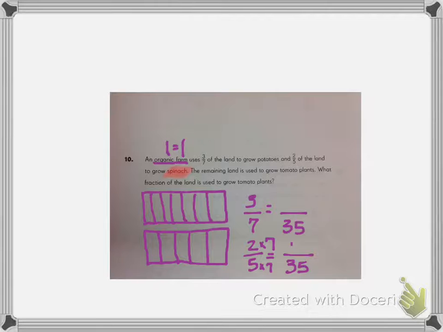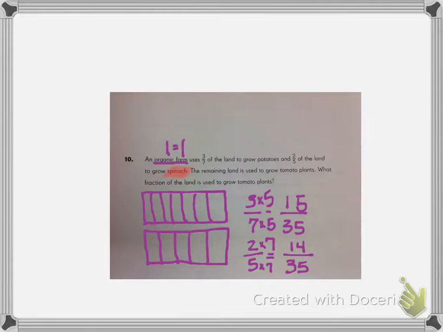So 2 times 7 is 14. Then I also have 7 times 5 is 35. So I know 3 times 5 is, whoops, not 14. It's going to be 15. Sorry about that. So I know I have 15 and 14.